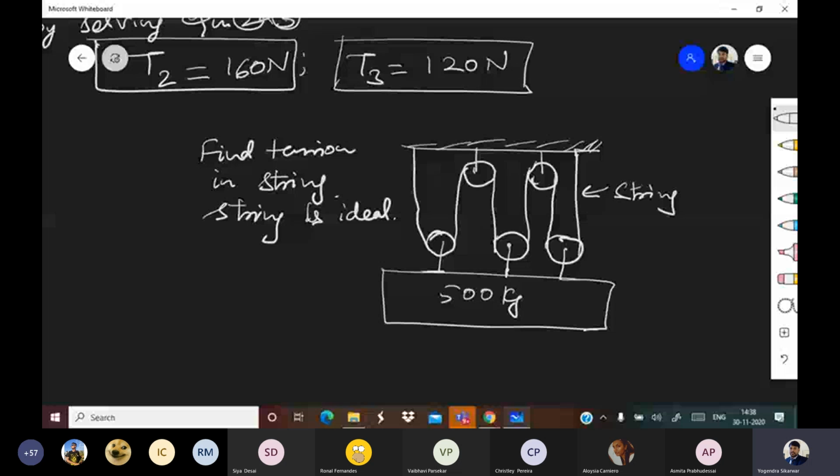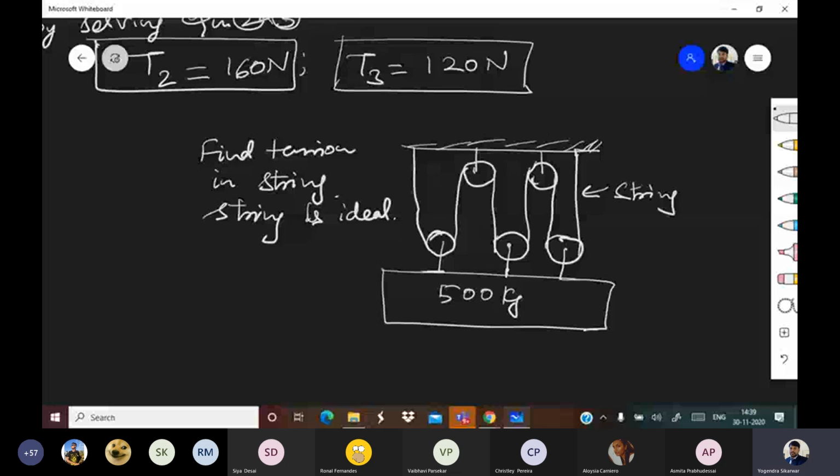Sia is saying 833.33. Komal is asking, sir, will it be same at all points? Because the string is same. It is a single string, that's why it will be same at all the points. Chrisley is saying 2500. Kimaya is saying 5000 by 6.